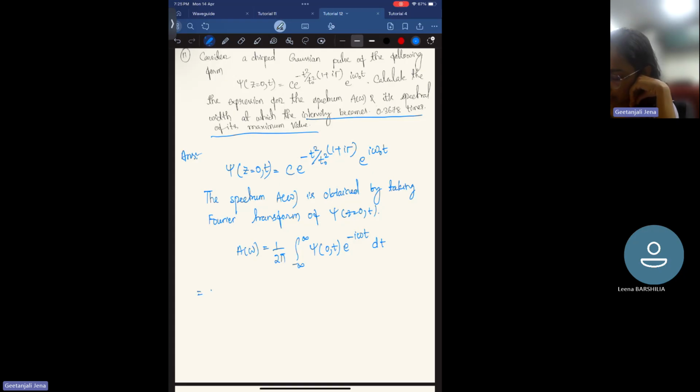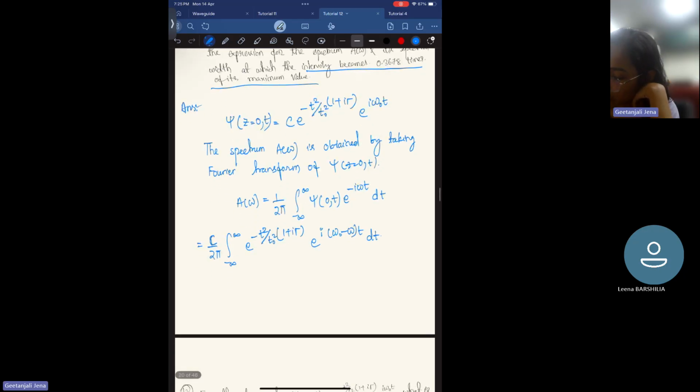We get 1 by 2 pi, integral from minus infinity to infinity, C e to the power minus (1 plus i gamma) t²/t0² plus i (omega 0 minus omega) t, dt.